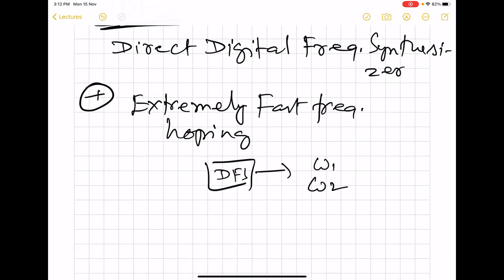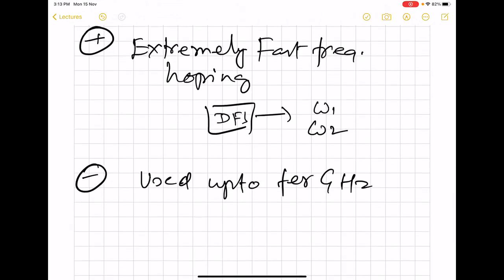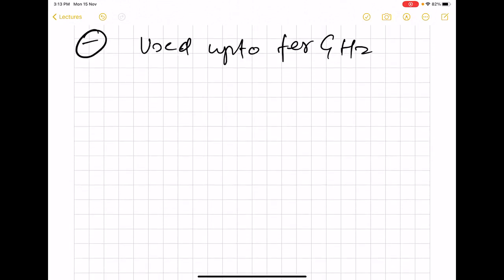This is one of the biggest advantages of this DFS. But there is a disadvantage: these can be used only up to a few gigahertz. It's not possible to produce very high frequency. Certainly, it is more difficult to produce tens of gigahertz. So now we will see the architecture of this DFS and see how it functions.